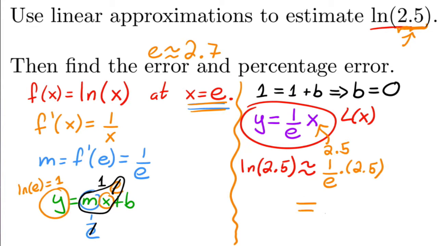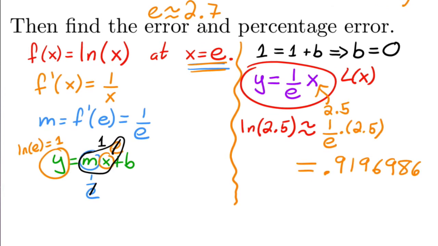And this is equal to, you would need a calculator, of course, because you need to find 1 over e. That's not easy to find. But that's okay, you get the idea. This would be 0.9196986, and that's good enough. Okay, so this is the approximation.